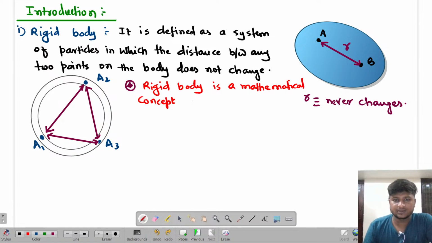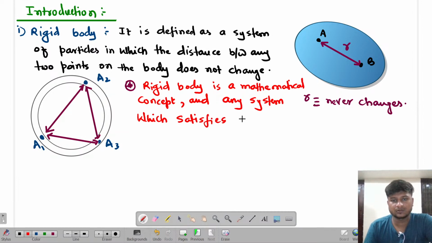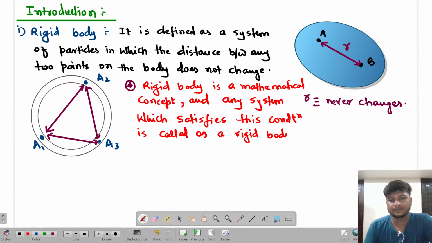So we can say that rigid body is a mathematical concept, and any system which satisfies this condition is called a rigid body. Are you able to get me or not?